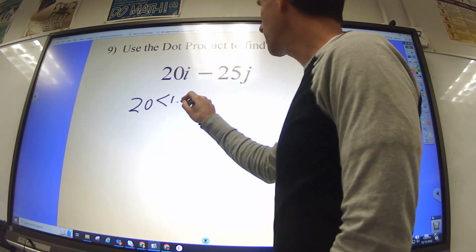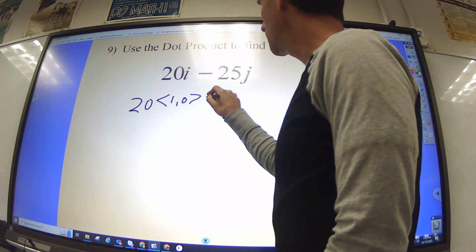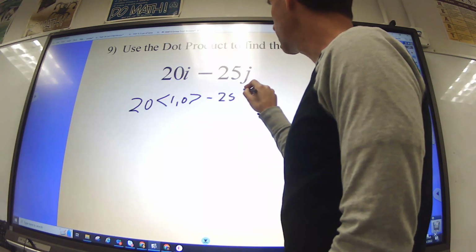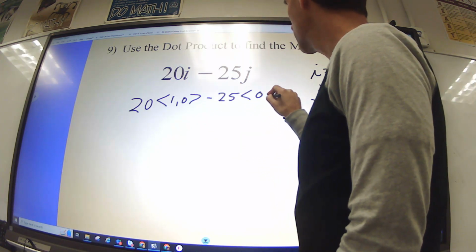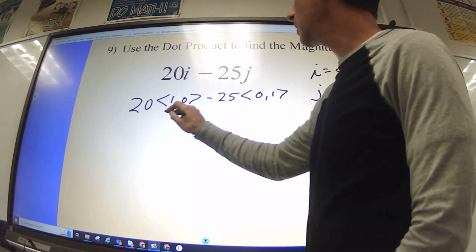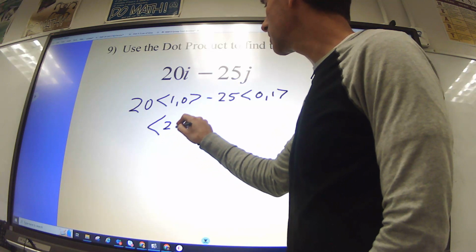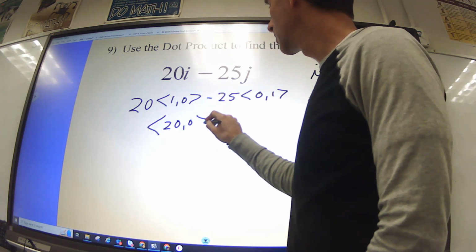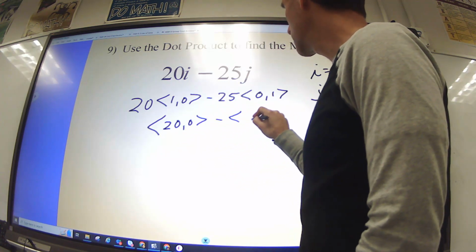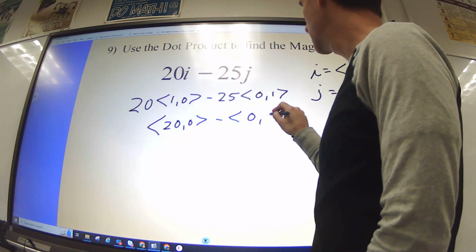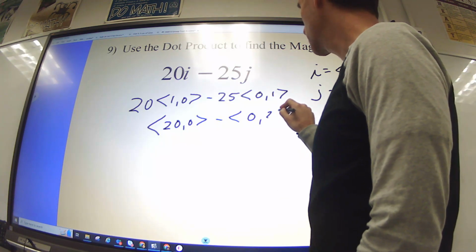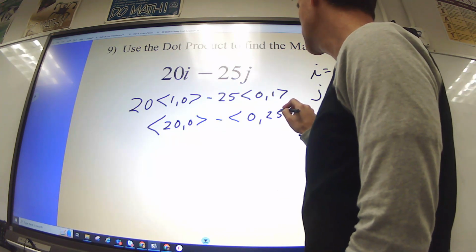Magnitude of U is 1 times the magnitude of V is 2, which is 0 over 2, which nonetheless is 0. Cosine of theta is equal to that. So the cosine of theta is equal to 0.